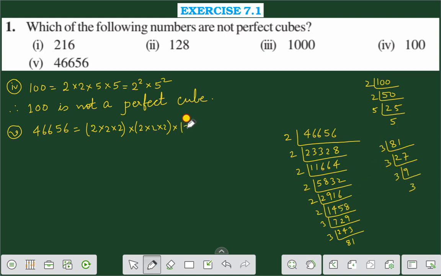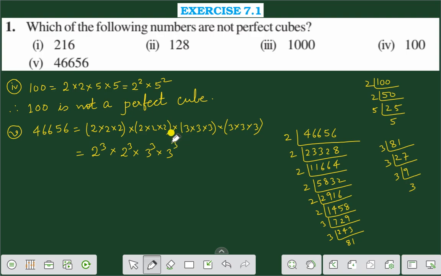That is 3 into 3 into 3, and also 3 into 3 into 3. It can be written as 2 to the power cube into 2 to the power cube into 3 to the power cube into 3 to the power cube.